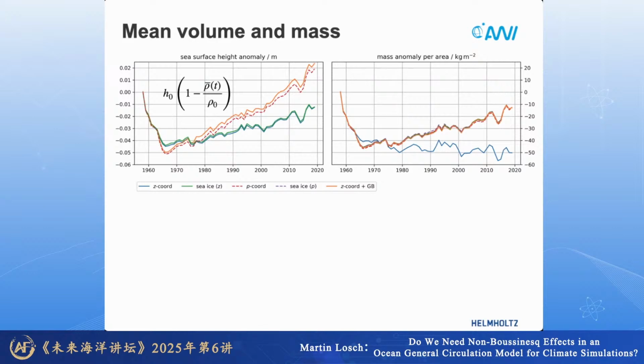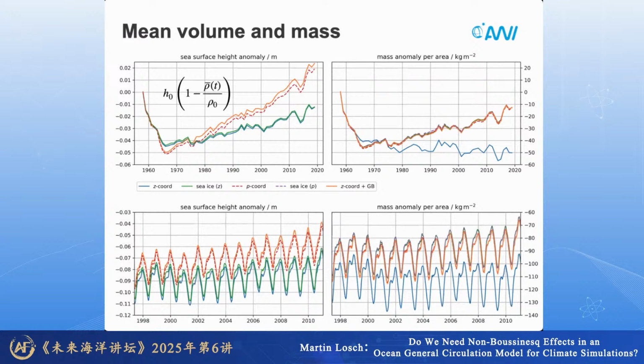So on the global scale, the Greatbatch correction still works very well, even for this higher resolution model. And it also works on shorter time scales. So this is basically the same thing, but I look at the CSAF. Before I was looking at annual means, but now I look at shorter ones.